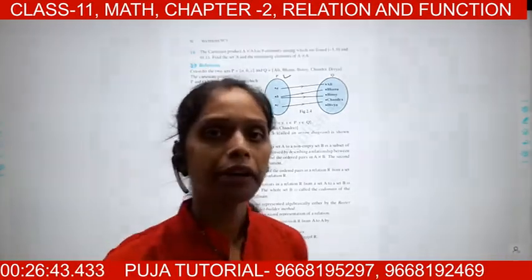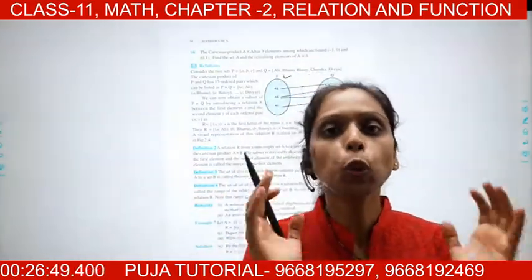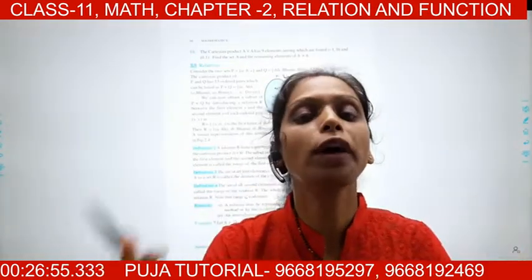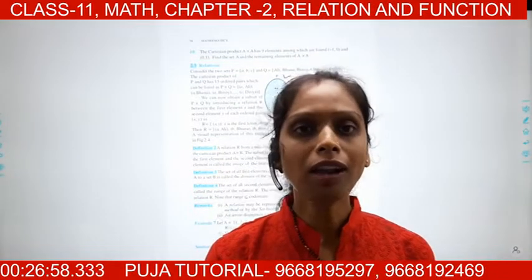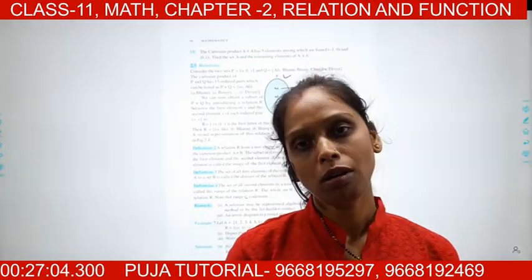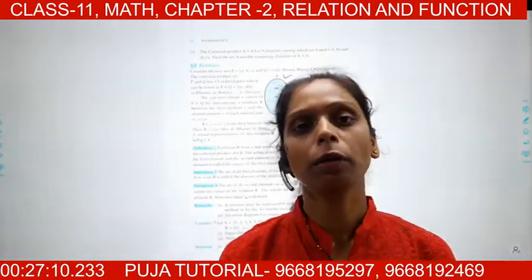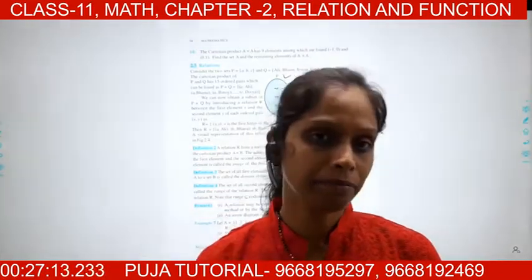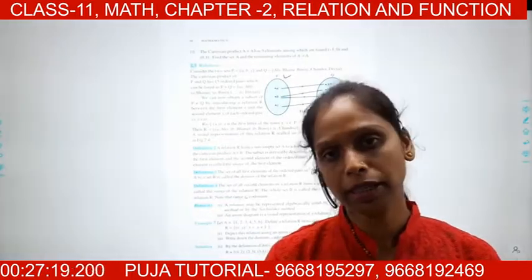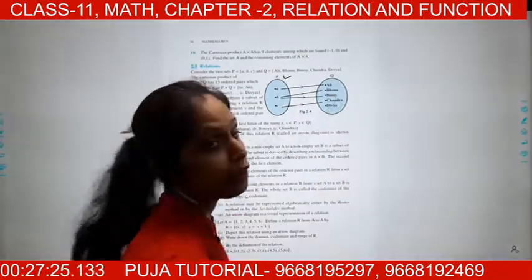Relation is a set of combinations, the ordered pairs of two elements, that follow one criteria or one rule. And always the first element of the ordered pair belongs to the first non-empty set, and the second element of the ordered pair belongs to the second non-empty set. Then this is called a relation.